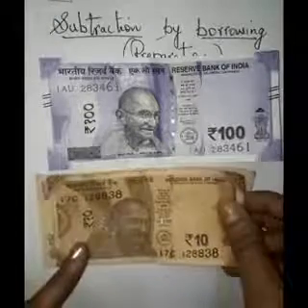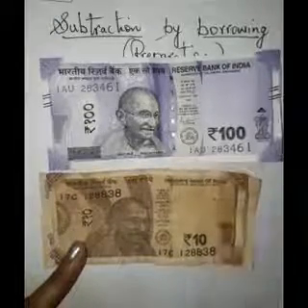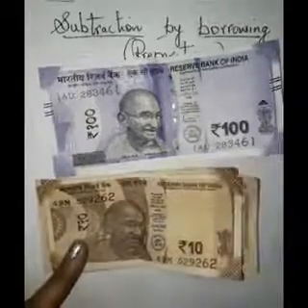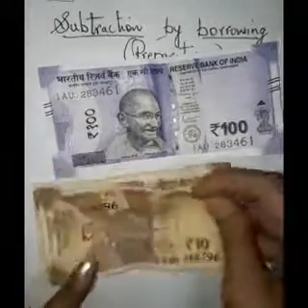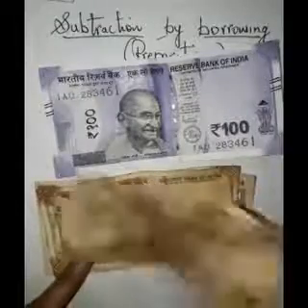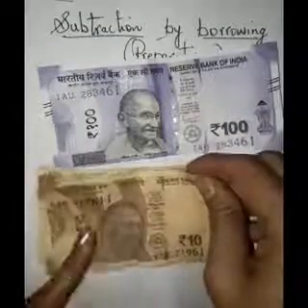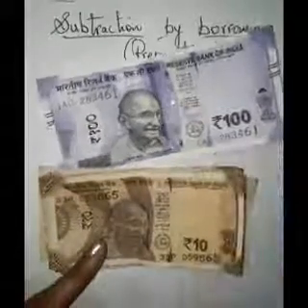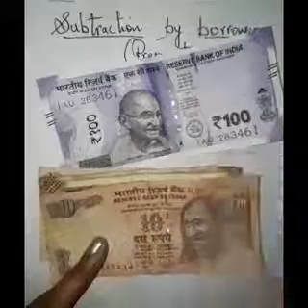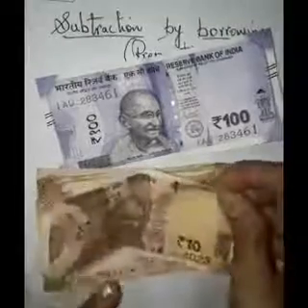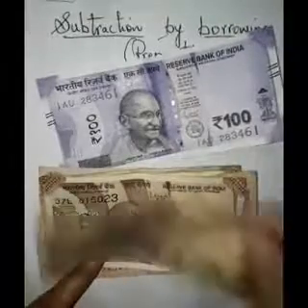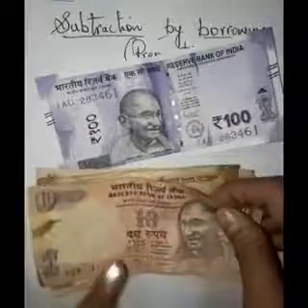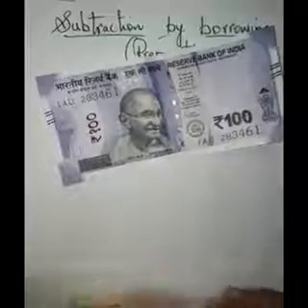This is second note, that means 2 tens 20. 3 tens 30. 4 tens 40. 5 tens 50. 6 tens 60. 7 tens 70. 8 tens 80. 9 tens 90 and 10 tens is 100.